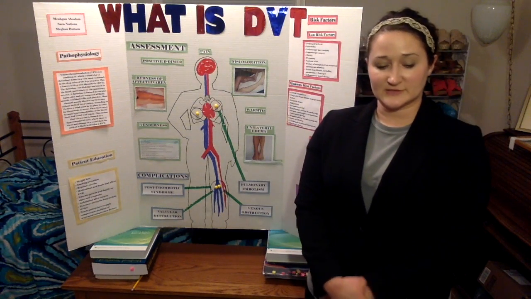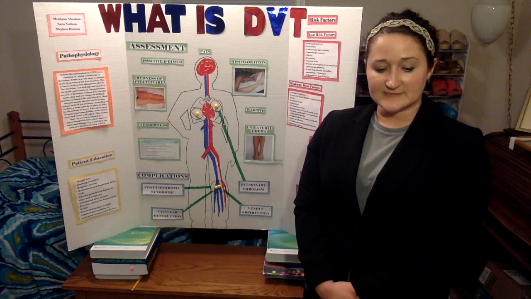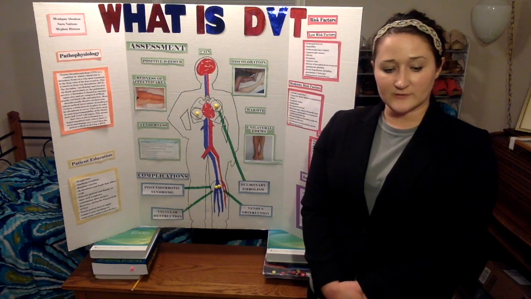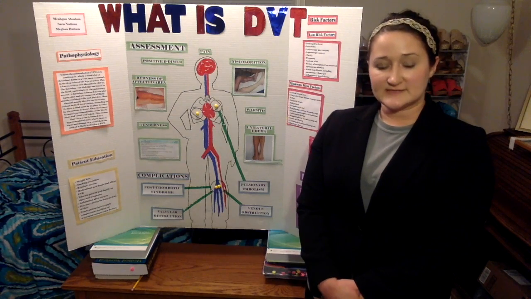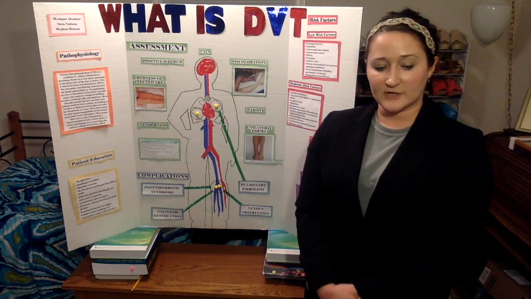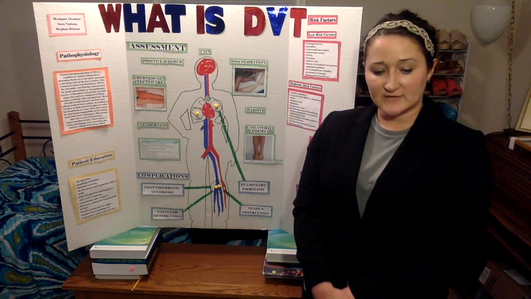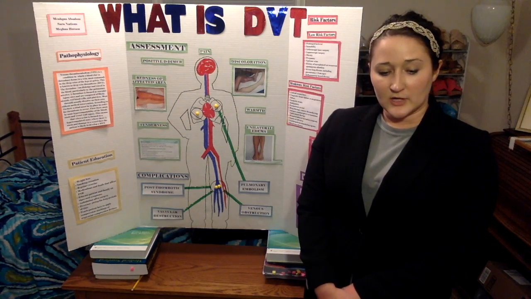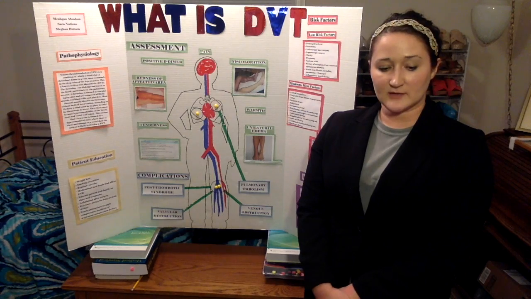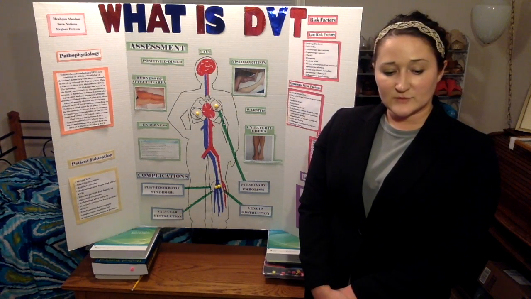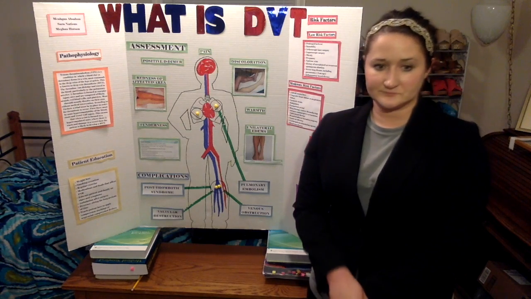Low risk factors are prolonged bed rest, immobility, arthroscopic knee surgery, laparoscopic surgery, obesity, pregnancy, varicose veins, history of unexplained or recurrent spontaneous abortion, severe lung disease, and inflammatory bowel disease.